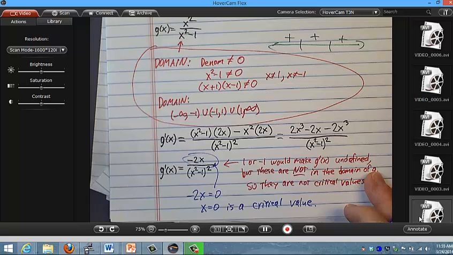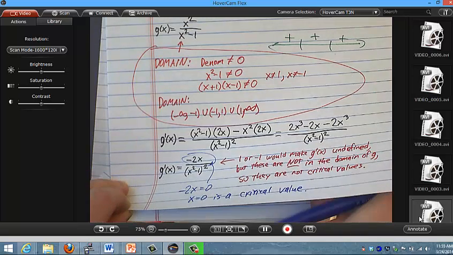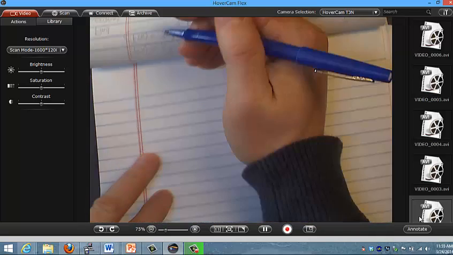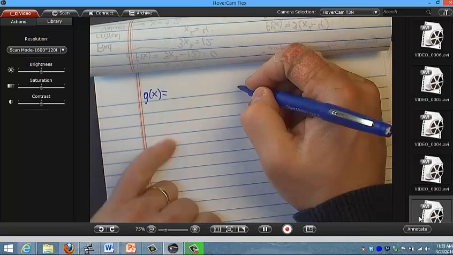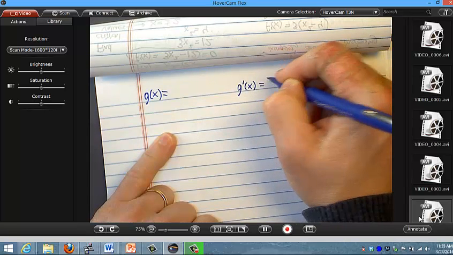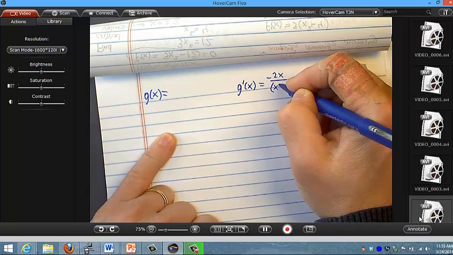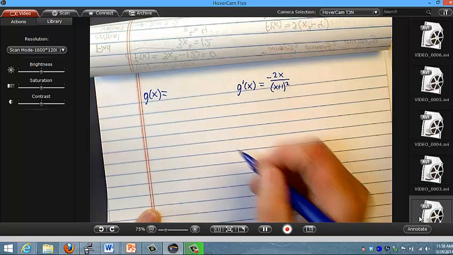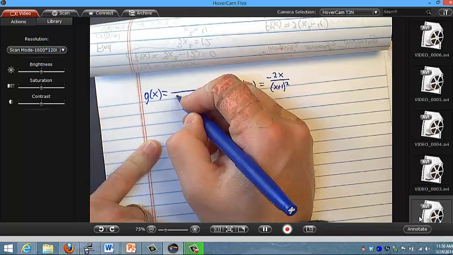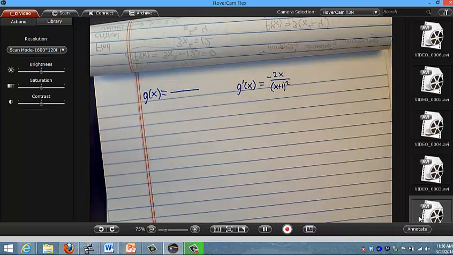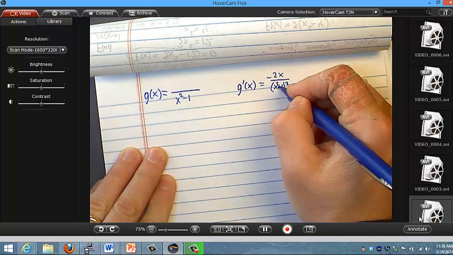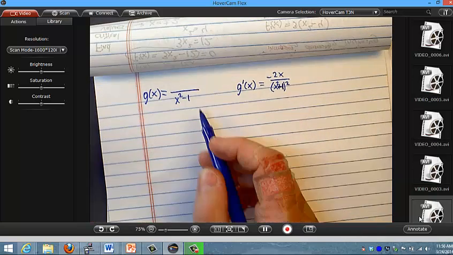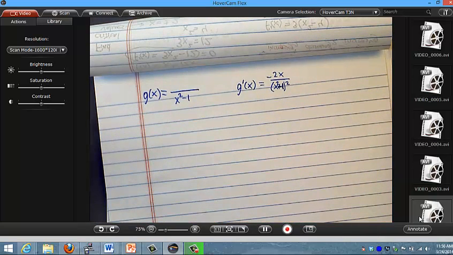I'm going to go to the next page because I'm going to need a little more room to finish up what I want to do. Okay, let's go through this again. We had g of x from the last page, and we just computed g prime of x: negative 2x over x squared minus 1 squared on the bottom. And g of x was x squared over, oh yeah, x squared minus 1 on the bottom.